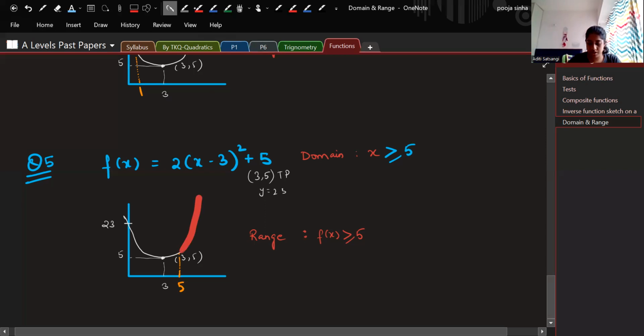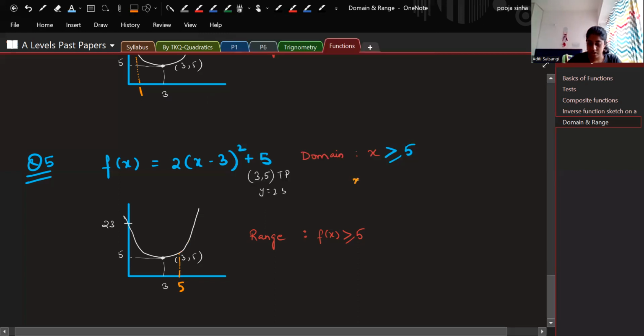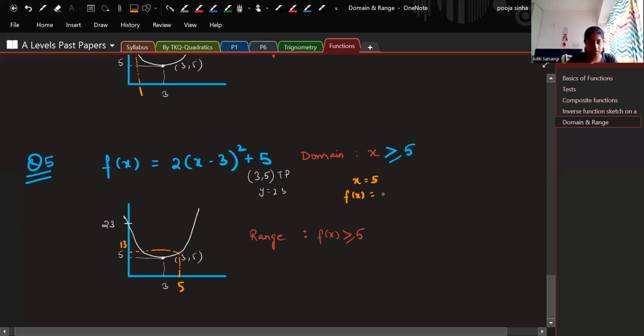So यहाँ पर हमें थोड़ी सी calculation करनी पड़ेगी क्या? That when x is equal to 5, then fx की value क्या होती है? 13. Okay, fx is 13.